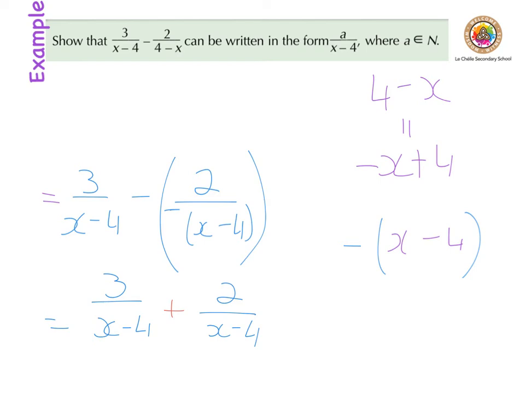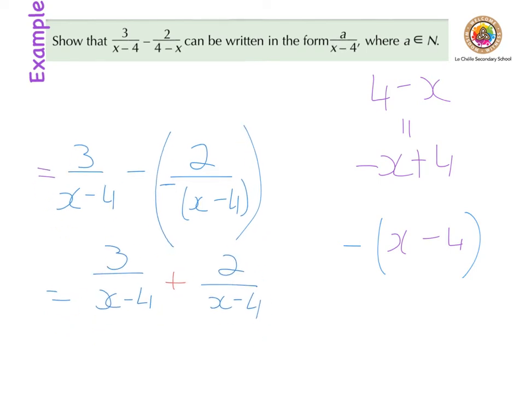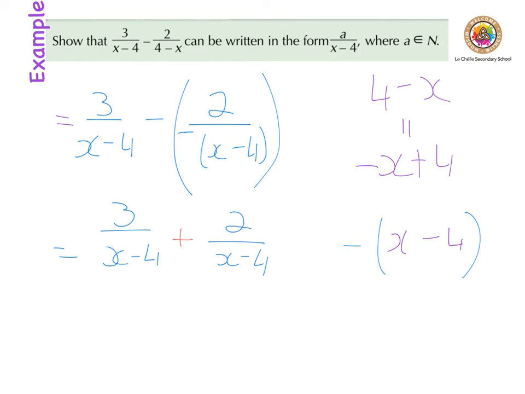Now our big rule for adding and subtracting fractions, we know, is simply that the denominator must be the same in order to add and subtract them. So here we can see the denominator is in fact the exact same now. So we simply rewrite our denominator, x minus 4, and our numerator becomes, well, 3 plus 2 is 5.